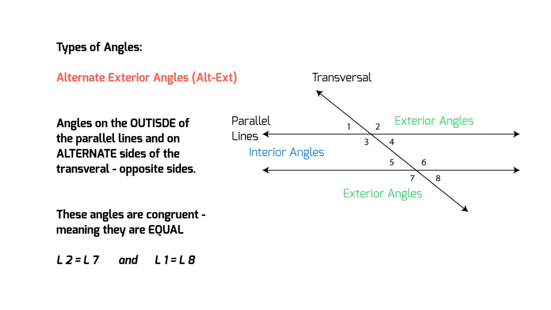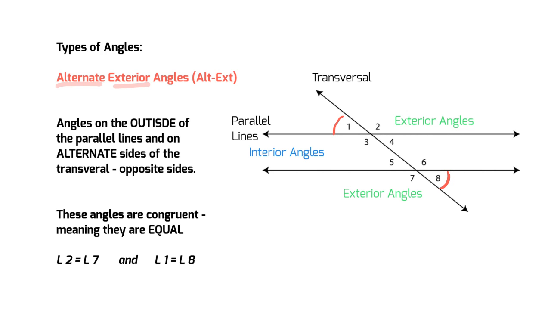When talking about the exterior angles, we follow the same logic. Alternate means opposite sides of the transversal. Exterior means they are on the outside. So if we're looking at the outside angle, angle 1, the one that's on the opposite side of the transversal would be angle 8. These are alternate exterior angles.